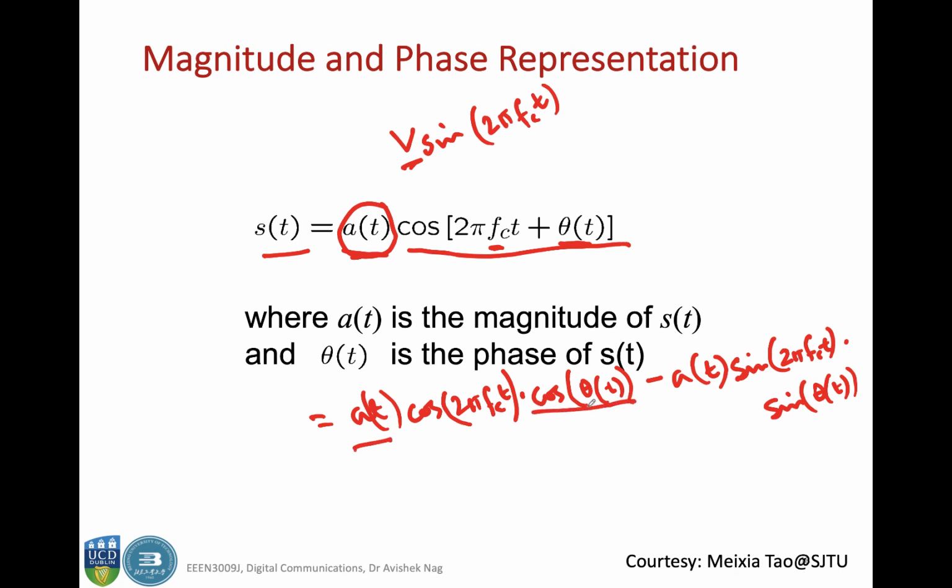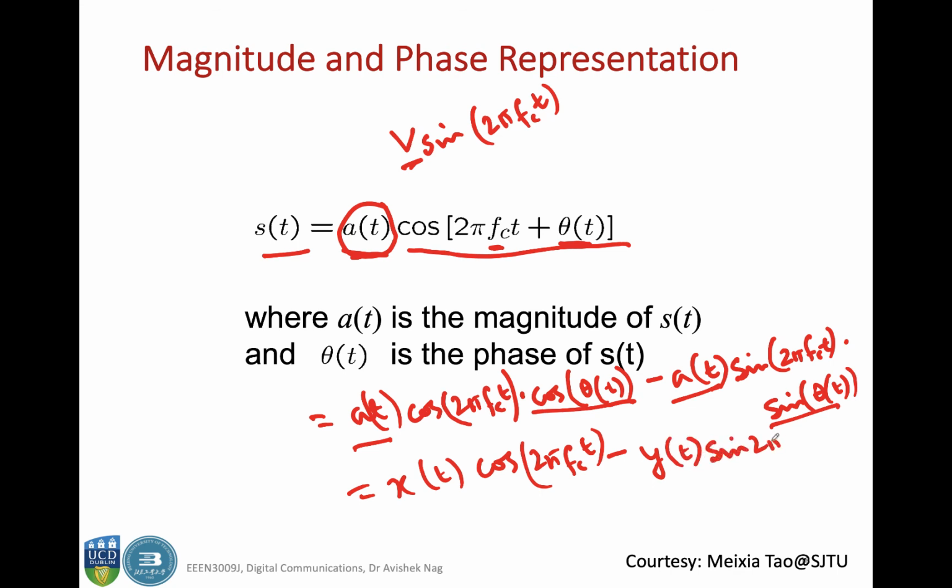Okay, so if you define A(t) cos theta(t) as your x(t), and again if you define A(t) sine of theta(t) as y(t), then you can write x(t) cosine 2 pi fc t minus y(t) sine of 2 pi fc t, where your x(t) is A(t) cosine of theta(t) and your y(t) is A(t) sine of theta(t).